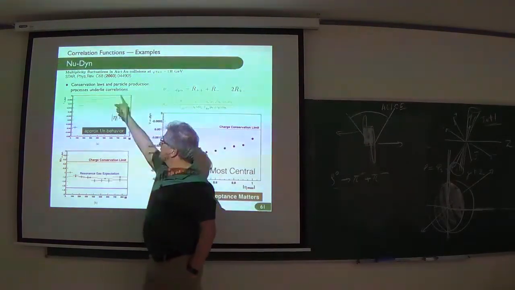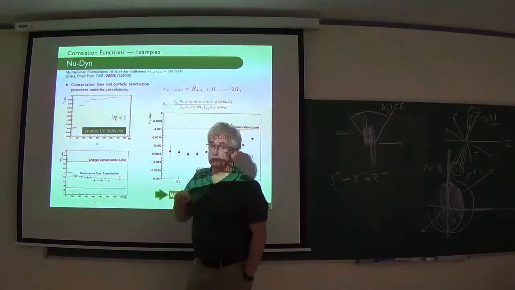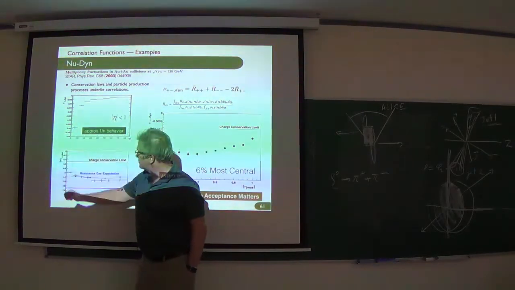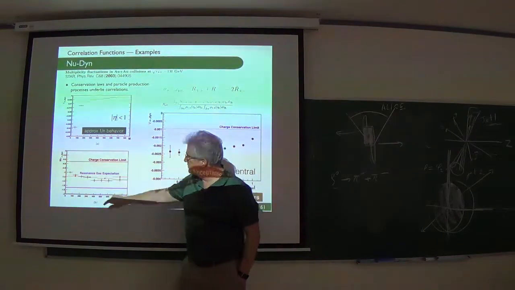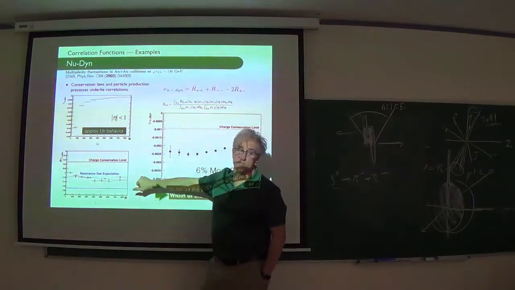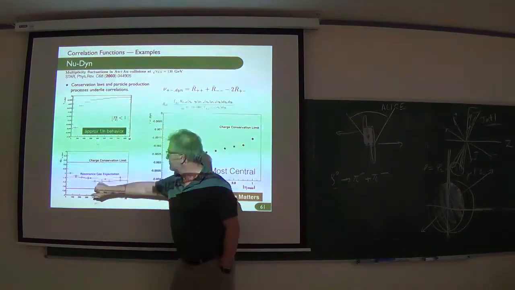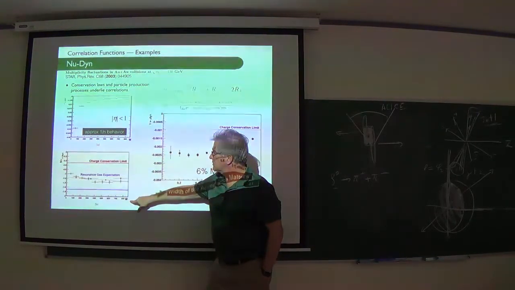And so to get rid of this dilution phenomenon, we multiply by the multiplicity. So I have the multiplicity times the dynamic, and here what you see is that it's essentially flat, or it increases or becomes a little more negative going to more central collisions.